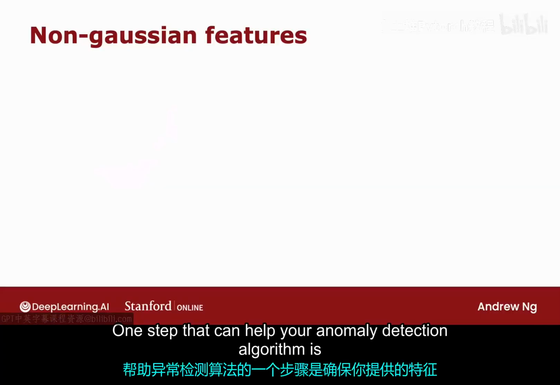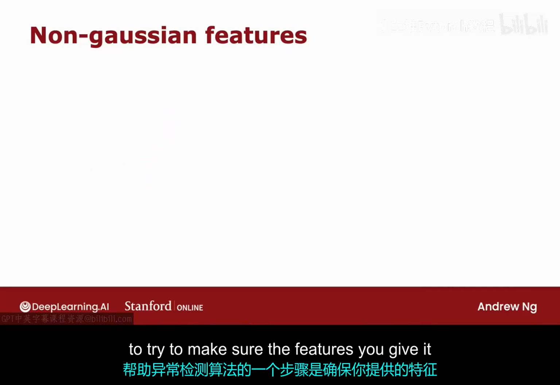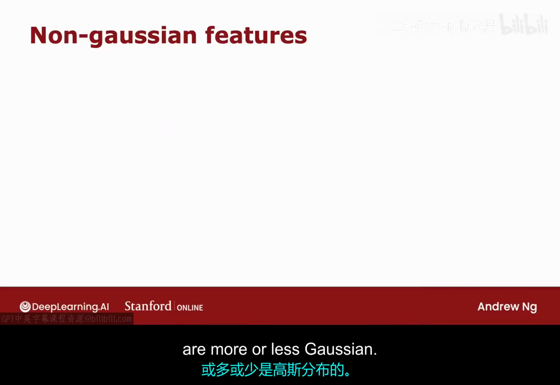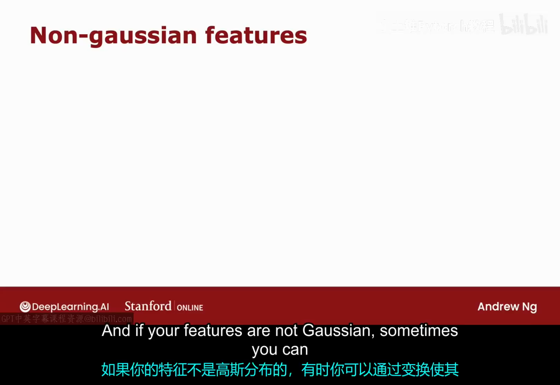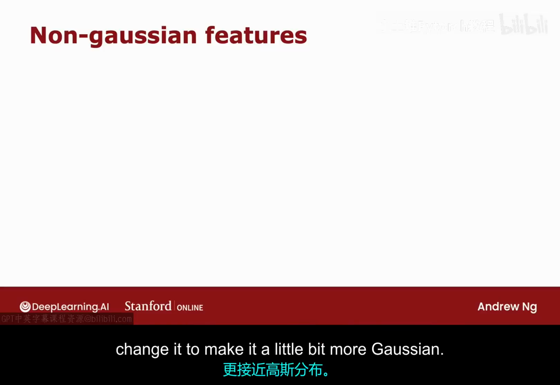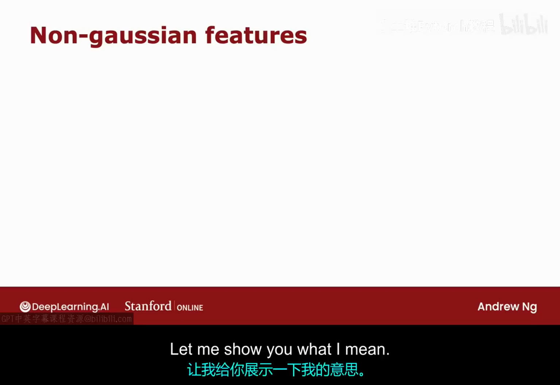One step that can help your anomaly detection algorithm is to try to make sure the features you give it are more or less Gaussian. And if your features are not Gaussian, sometimes you can change it to make it a little bit more Gaussian. Let me show you what I mean.